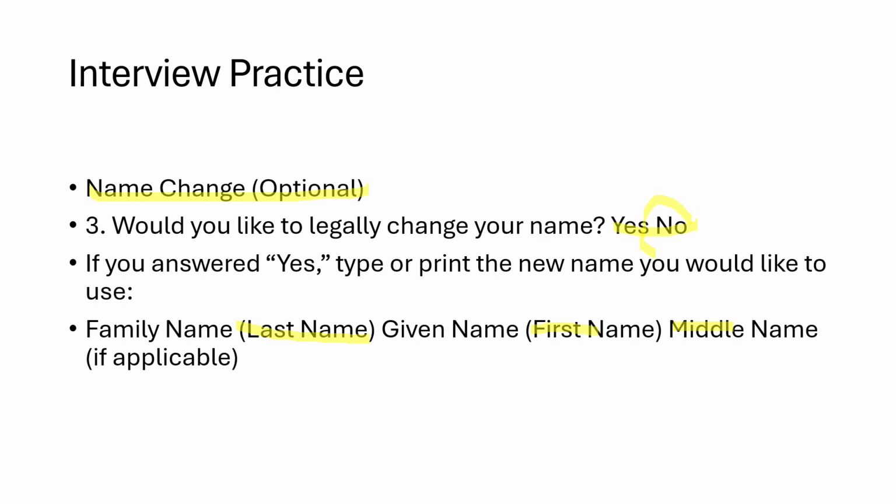You have to be specific. So if you do a name change, then when you become a citizen, the judge will sign that, and that will be your legal name from that moment on. And that's what you should put on your passport and your social security card and your driver's license and everything else as your legal name.